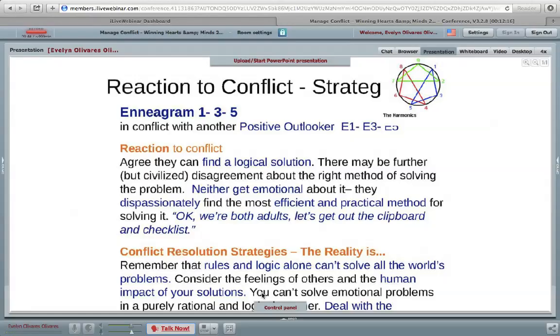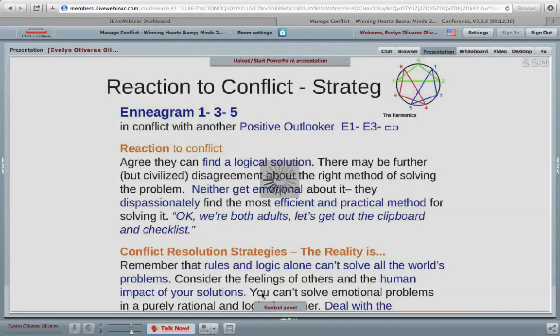It just doesn't work. Rationale and logic just doesn't work, not totally, right? So it's really important that you understand that we have to deal with the emotional content first, in addition to the logic. Yeah?